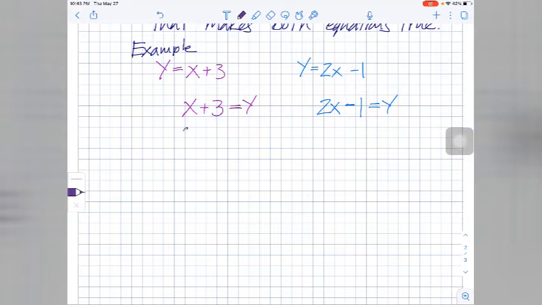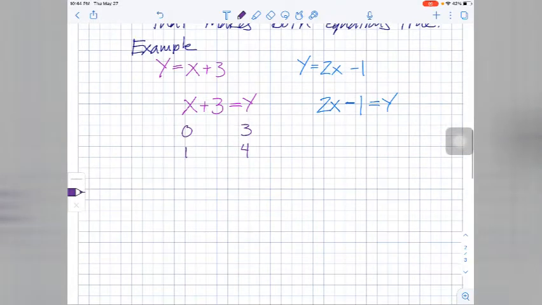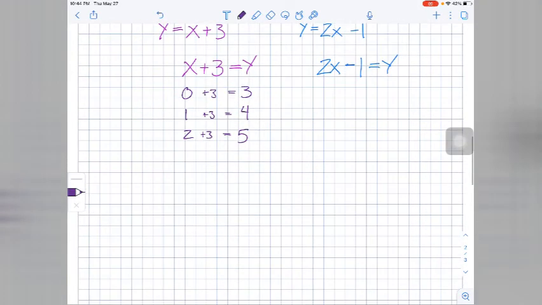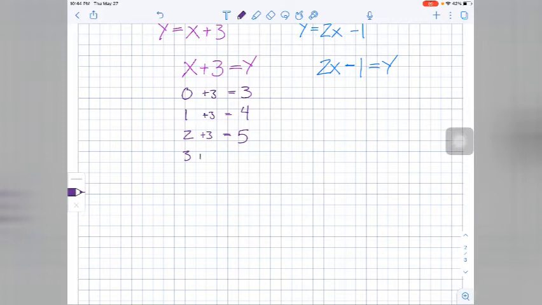So if x is 0, then 0 plus 3, y is going to be 3. And if x is 1, y is going to be 4, because 1 plus 3 is 4. If x is 2, 2 plus 3 equals 5. 3 plus 3 equals 6.